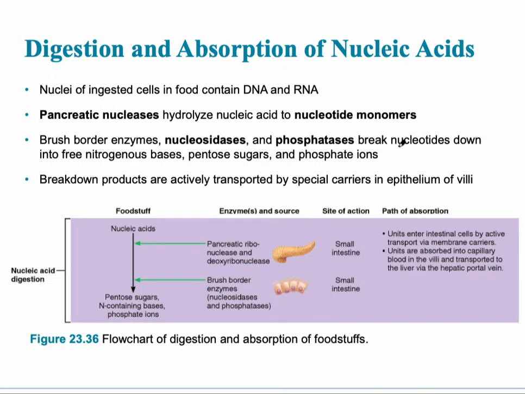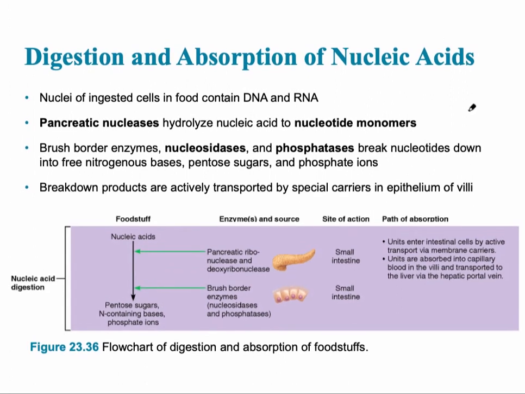So our next slide is showing the digestion and absorption of nucleic acids. This is not as significant, but nevertheless, there still have to be monomers that are used to synthesize the really important molecules that we need for mitosis and then for production of proteins, RNA.